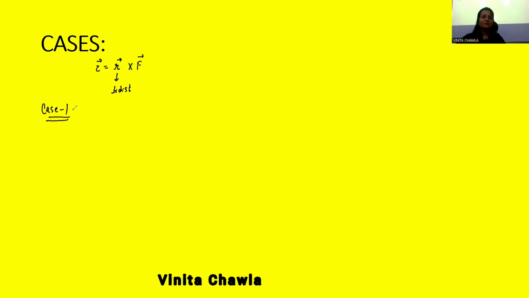So case 1, in case 1 we are considering what if R is 0, or we are not applying any force, ठीक है? F is 0, or angle between R and F is either 0 degree or 180 degree. ठीक है? So we have 3 different situations. These we are taking separately. In the first case, we are taking R as 0. In the second case, we are taking F as 0.